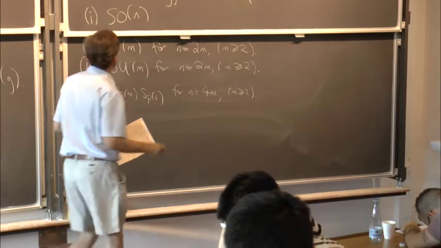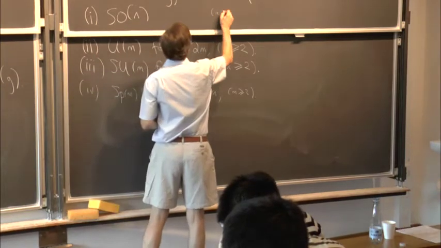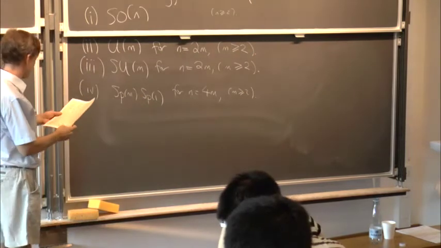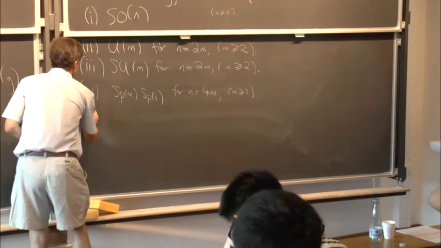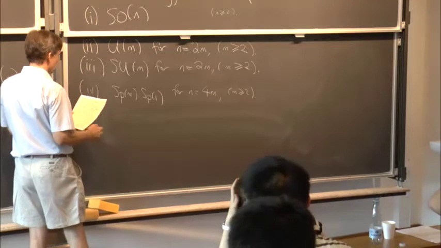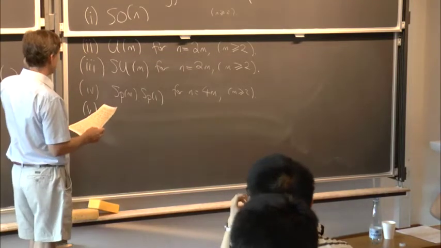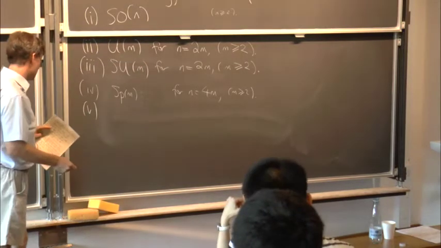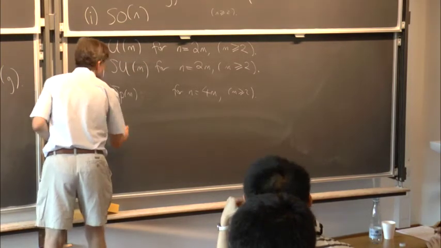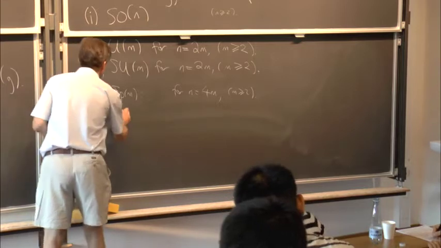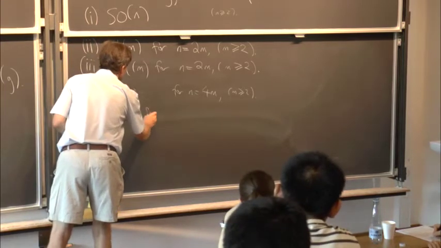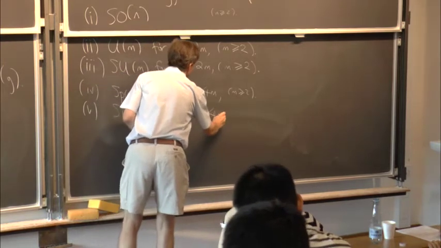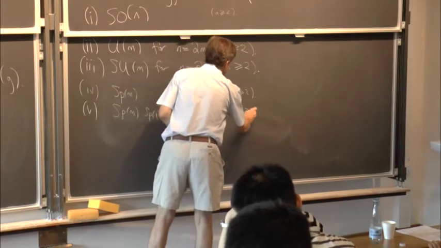Actually, even here we can have n is at least 2. Fifthly, what have I done? Sorry. My fourth one is Sp(m). My fifth is Sp(m) Sp(1) for n is 4m, and again m is at least 2.